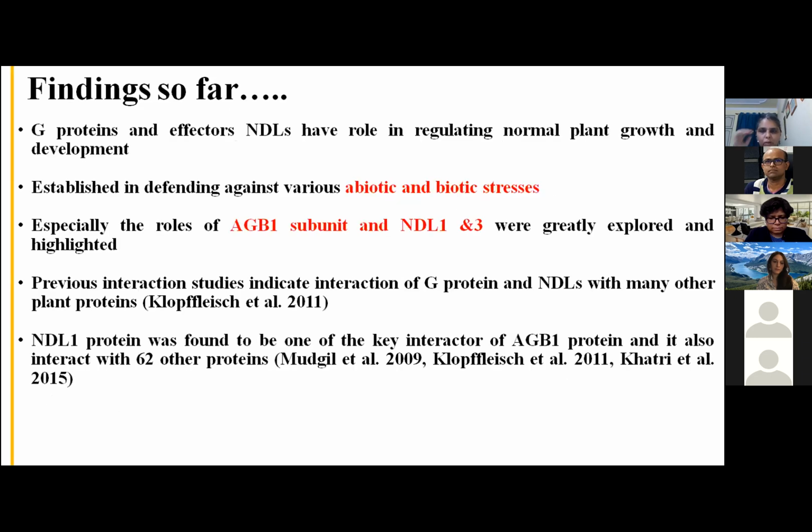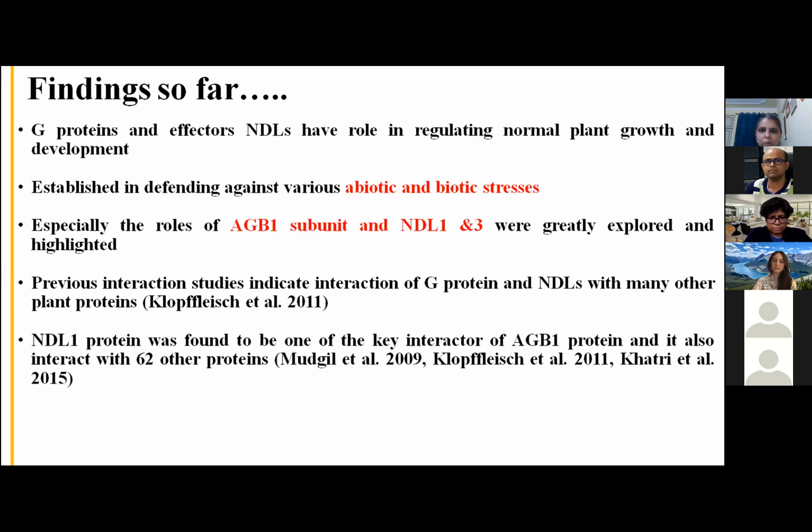So after establishing all this, beta was already established. Now we know where NDL1 expresses, whether it shares expression with beta and responds to abiotic stress with beta. After doing all those studies, now we know that G protein as well as NDLs are playing an important role in growth and development as well as in abiotic and biotic stresses also.